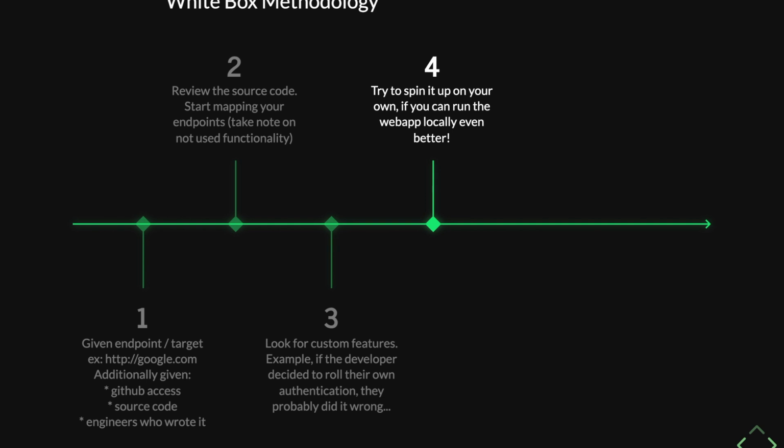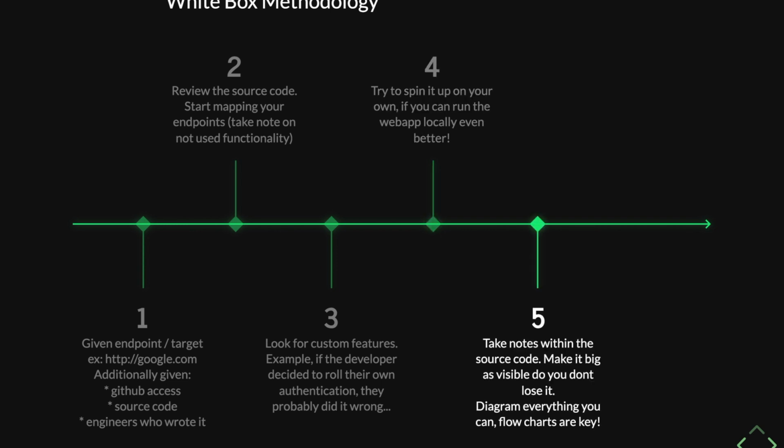But essentially, if you can get some of it spun up locally, it's 100 times better than just reviewing the source code. It gives you the option to do things like debugging, adding print statements in random places. You really get to see the intricacies in the back end of it. And if you need to do logging, extra print statements, or see how something is really working, spinning it up locally is what you want to do there.